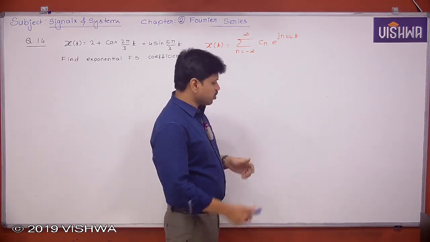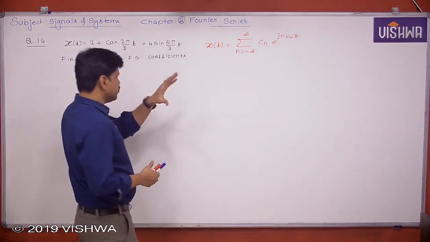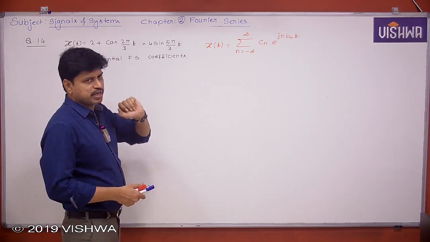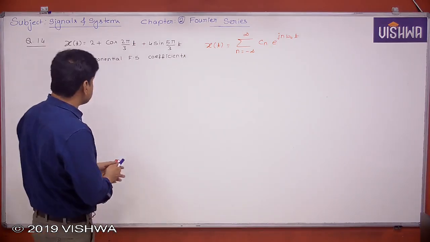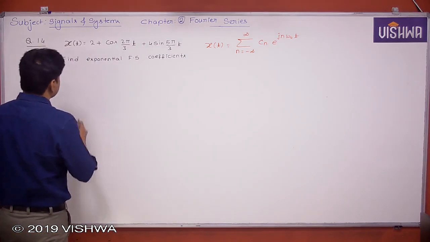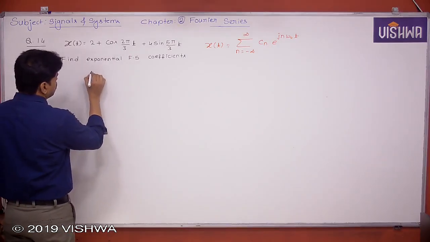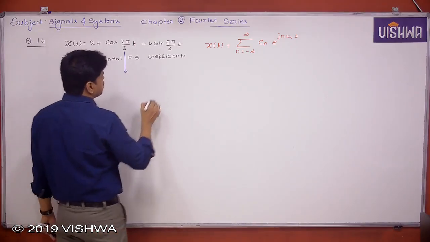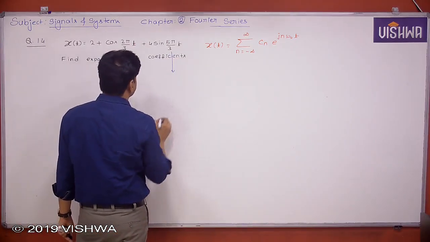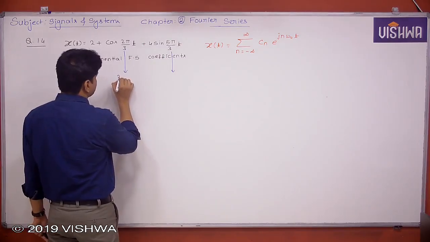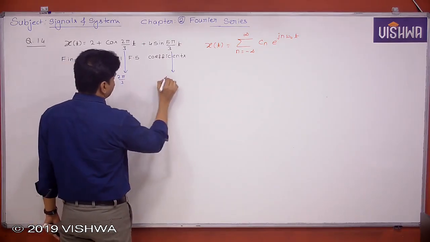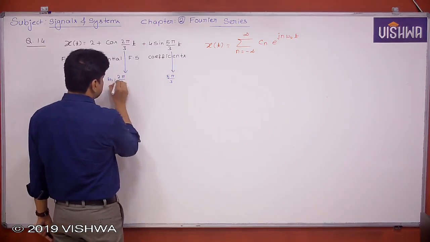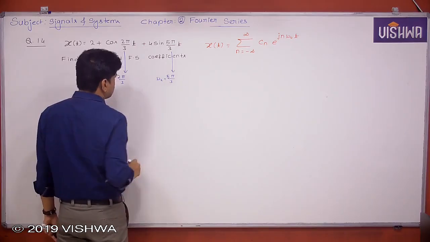So this is what we have to see. Can we write x(t) in that form? If I could, I can easily say what the Fourier series coefficients are. The frequencies here are 2π/3 and 5π/3. Let's say this is ω1 and this is ω2.